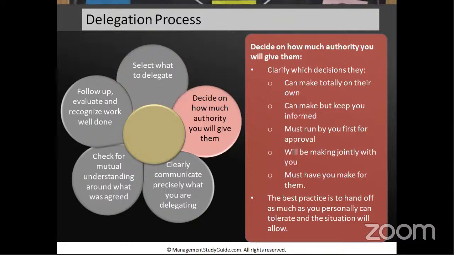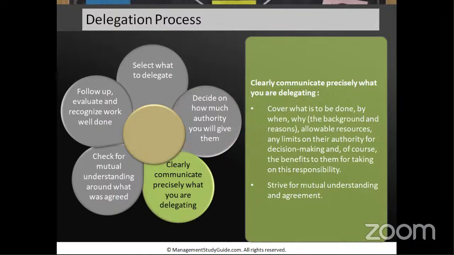Deciding on how much authority you will give, clarify which decisions they can make totally on their own, can make but keep you informed, must run by you first for approval, will be making jointly with you, must have you make for them. The best practice is to hand off as much as you personally can tolerate, and as the situation will allow.